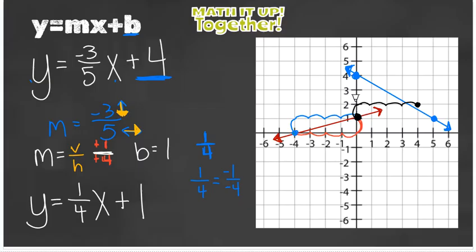If we didn't have room to do that, instead of positive over positive, which we know is exactly the same, we could do negative over negative, and count that off down 1 to the left 4. These are all points on that same line. If I were to extend this line out, it would also go right through that point as well.